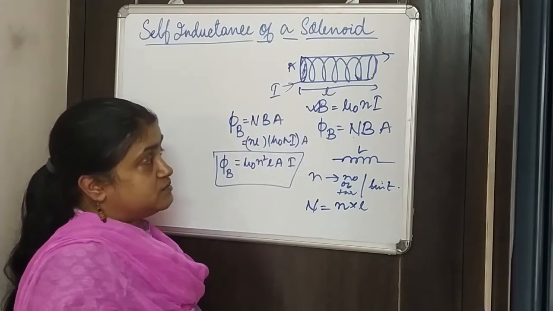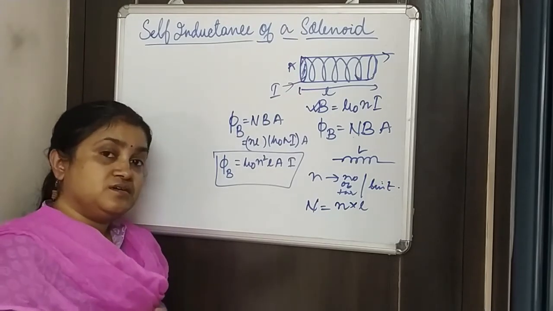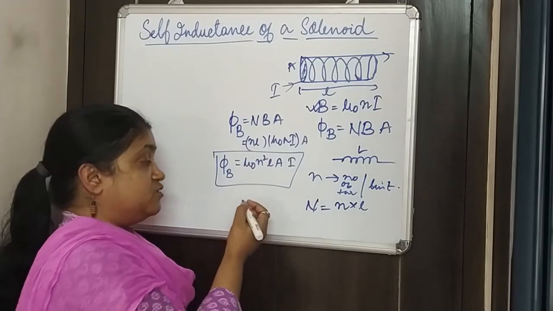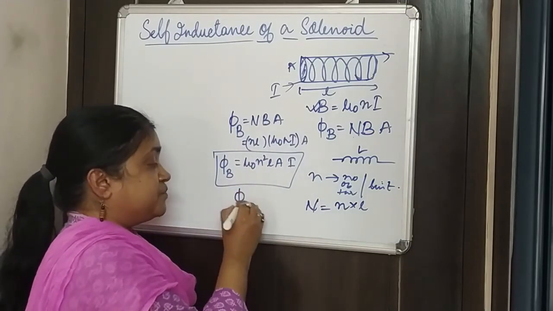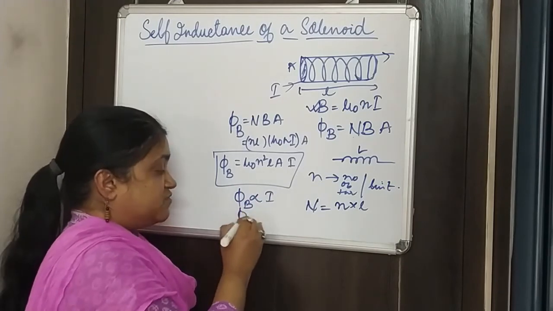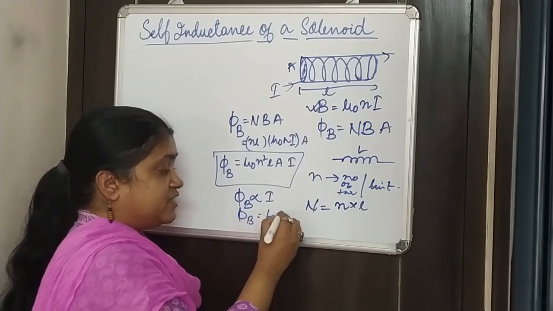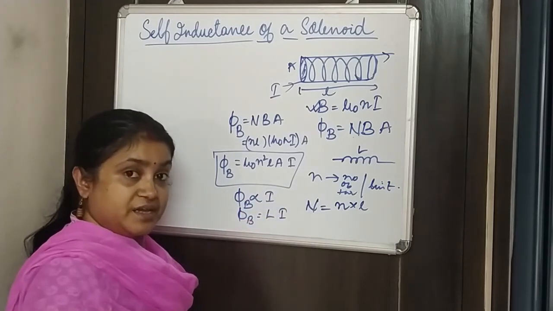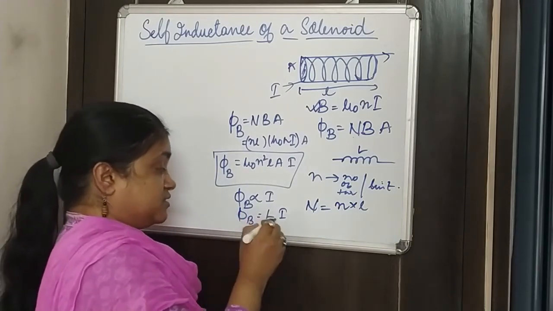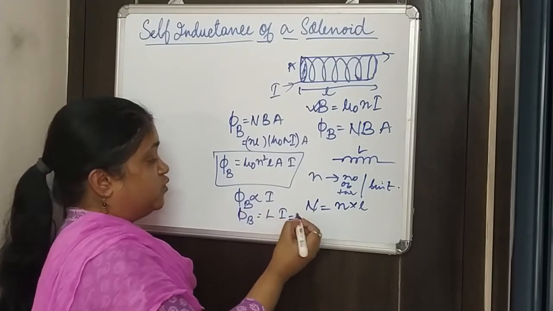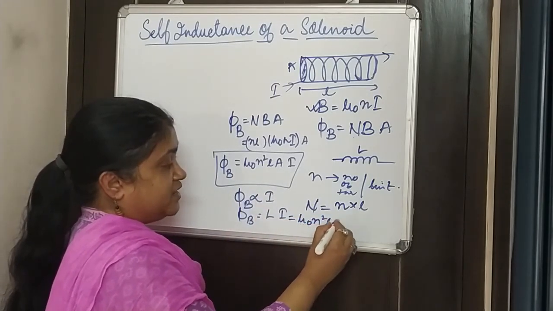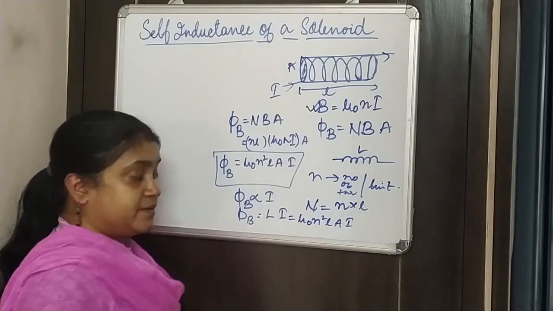Now when this solenoid acts like an inductor, we have already known that for an inductor phi B is proportional to the current, or phi B is equal to the inductance times I, right? So this is the self-inductance. Now for a solenoid this will be equal to mu naught n squared L A times I, right?